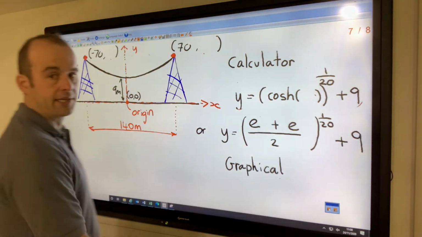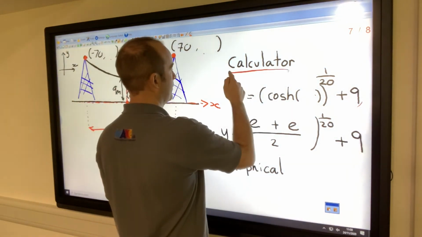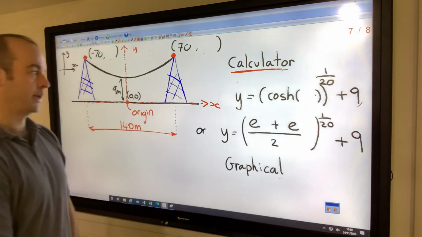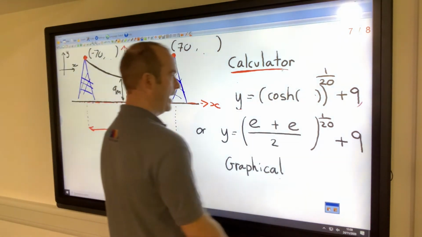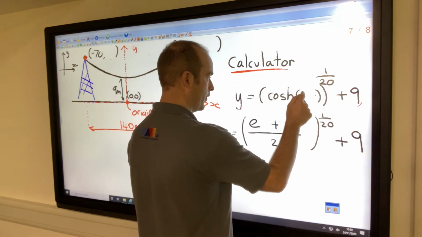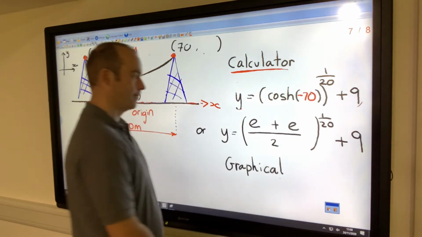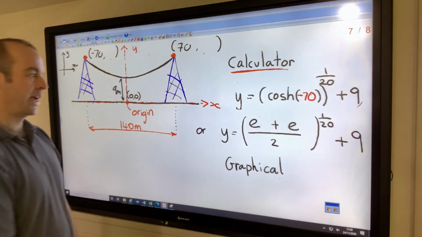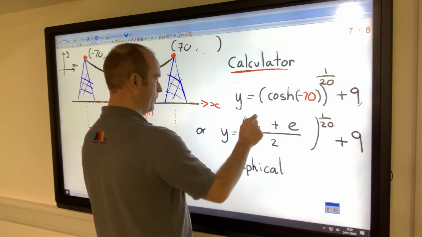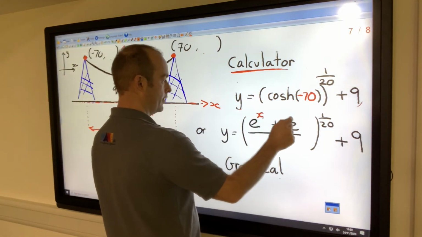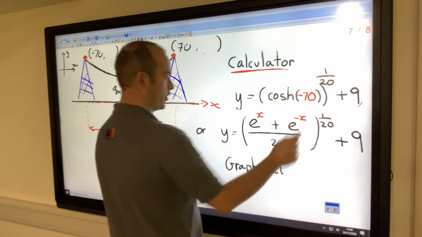So with a calculator, there's two ways you can do this with a calculator really. One way is to put in the first point there, minus 70 here. And the second way is that's your formula.